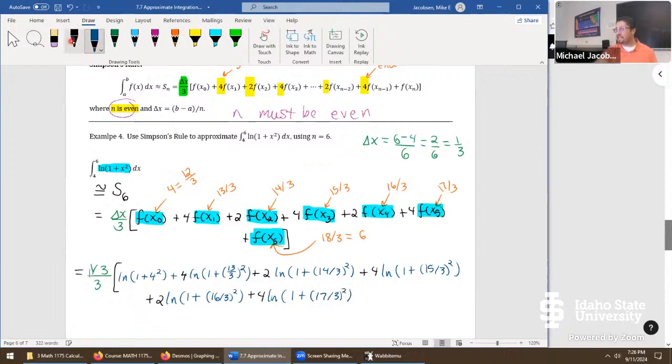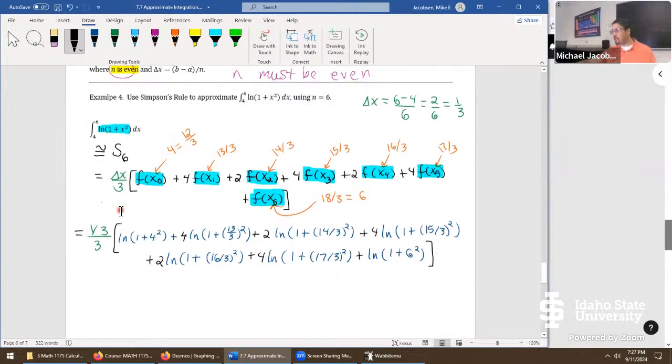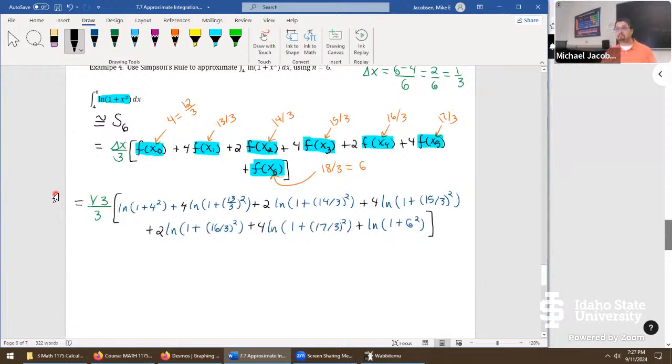Your hand and your brain kind of gets numb after doing this for too long, but we're almost there. Plus natural log 1 plus 6 squared. So that's the entire approximation through Simpson's rule of the original integral. All that's left to do is crank it out.